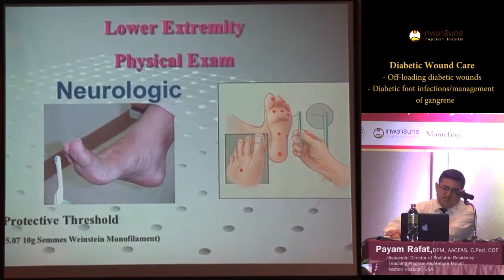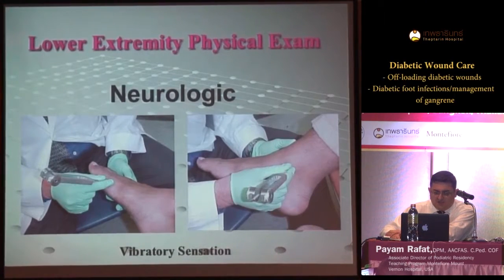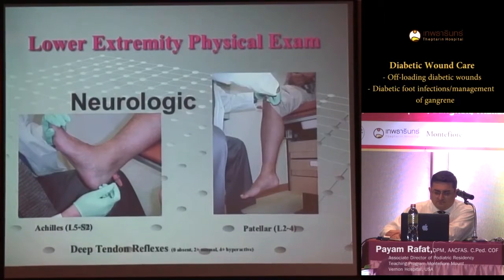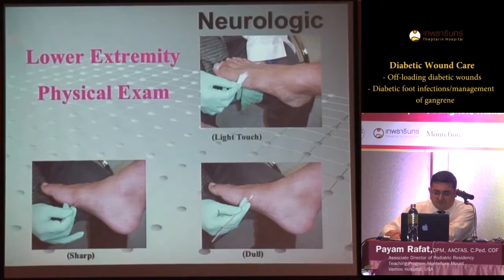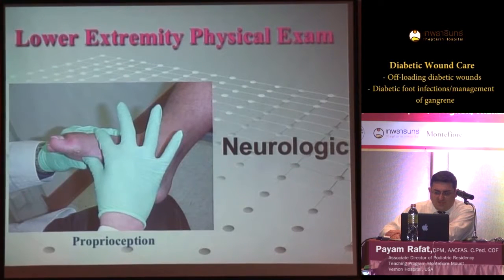For the neurologic exam, we like to use the 5.07 Semmes-Weinstein monofilament to check for a peripheral protective threshold. Use a vibratory sensation, use the tuning fork. I check for deep tendon reflexes, sharp, dull, light touch sensations, and proprioception.